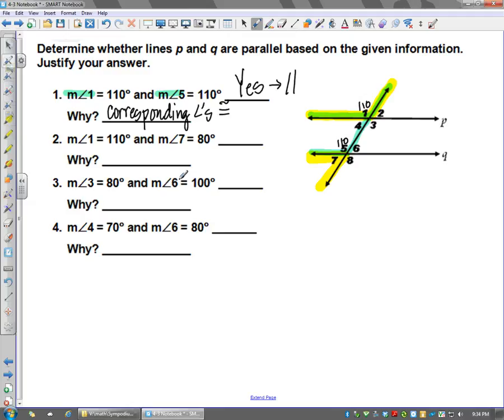If they're same side interior angles, I know that they have to be supplementary. Well, 110 plus 70 happens to equal 180. So yes, again, the lines are parallel. Why? Because same side interior angles are supplementary.